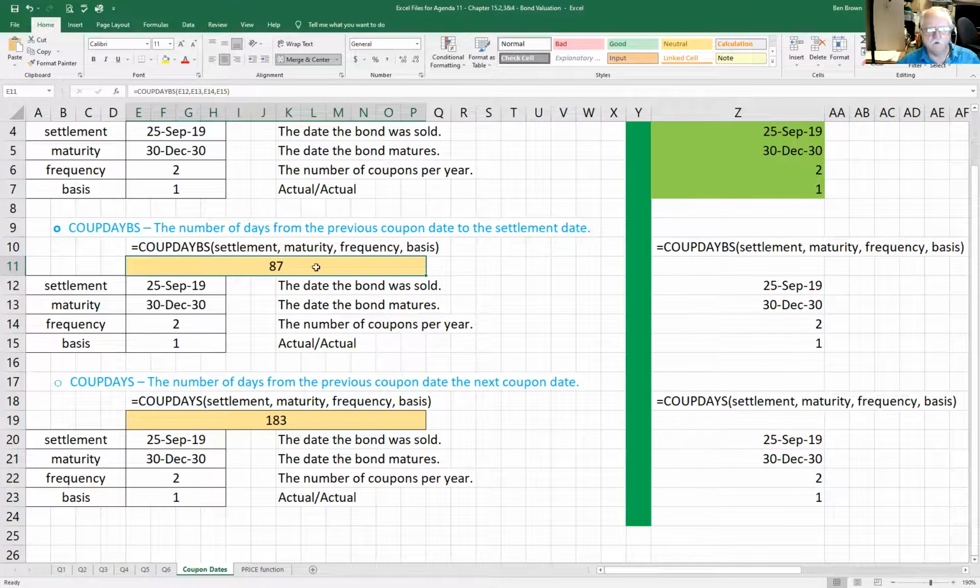And when these people buy and sell these bonds, they don't want to give away even 1 day's interest. They want to make sure they get paid interest for every day that they're owed interest for. So they're going to have to know that the person who had the bond had it for 87 out of 183 days. So they're going to have to be compensated for those 87 days.